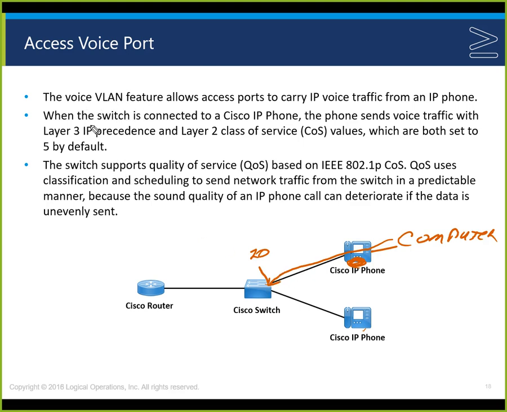So with the voice VLAN, when the switch is connected, the phone sends the voice traffic with layer 3 IP precedence and layer 2 class of service. We'll talk about those when we do some QoS. We're going to prioritize traffic. We can prioritize it at layer 3 or at layer 2. It's called class of service at layer 2 and precedence at layer 3.